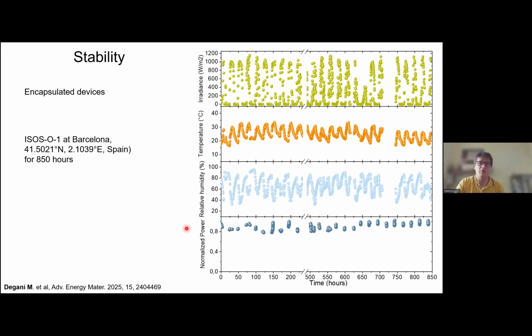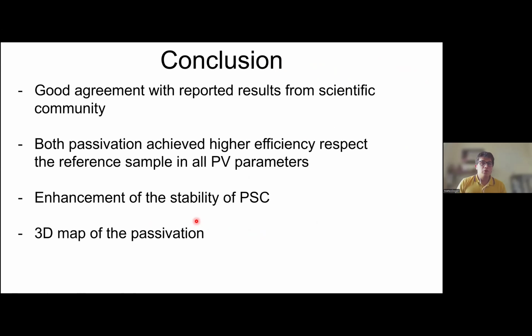So in conclusion, I hope I convinced you about the agreement that there is between the experimental results I presented and also the review I presented at the beginning of this talk. Both passivations achieve a high efficiency with respect to the reference sample, and also an enhancement in stability.